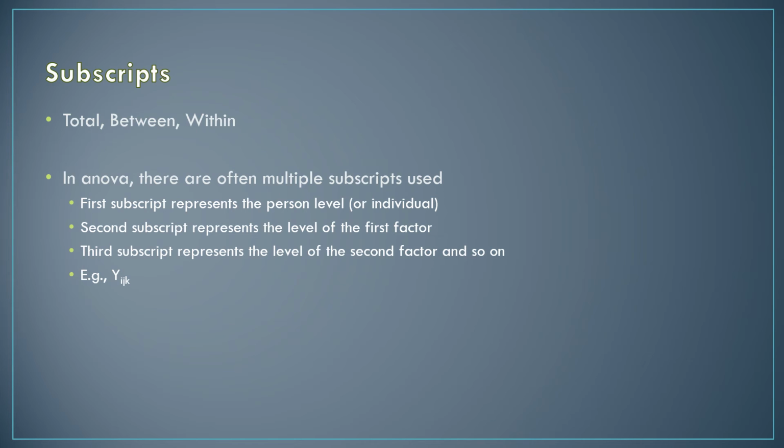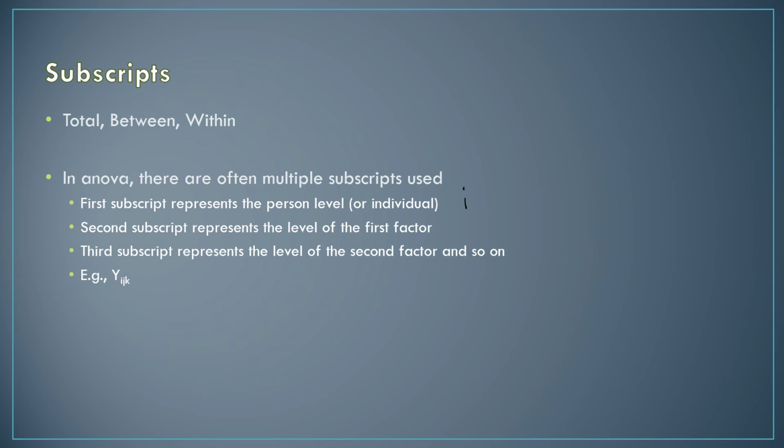Are you looking at the whole group, or are you looking at between the different groups, or within a particular group? But we also have these other subscripts that you would use regularly, especially when you're reporting the results of your ANOVA. The first subscript that you would use is an i for the individual.